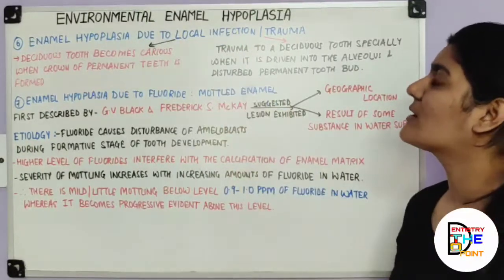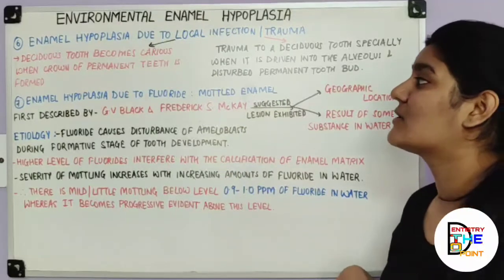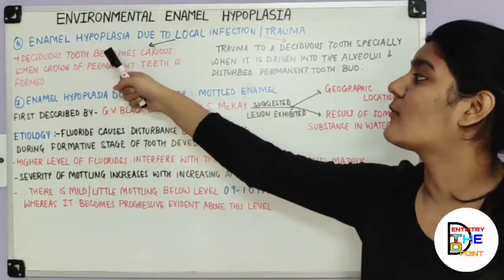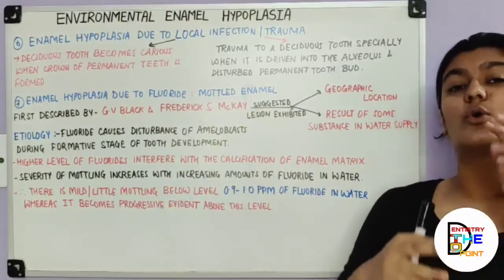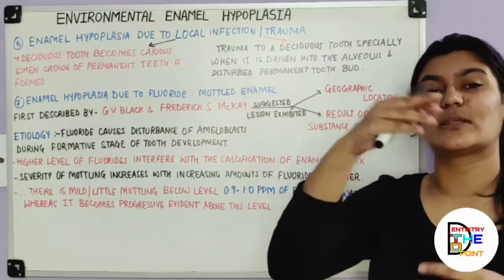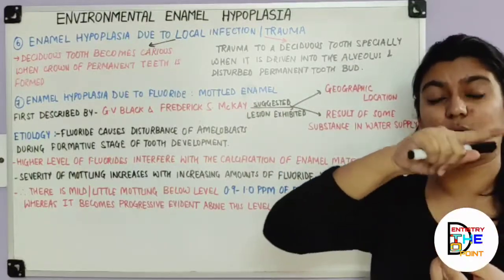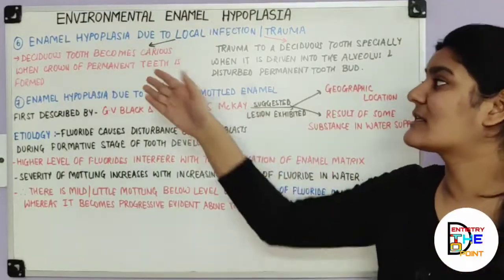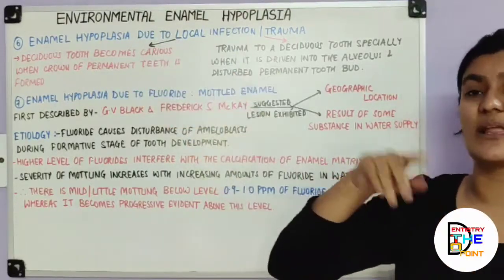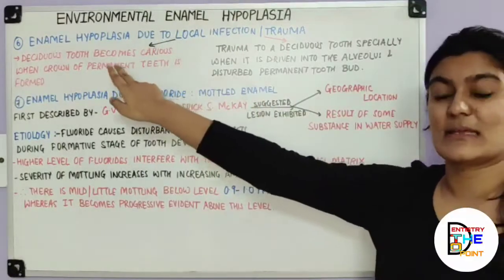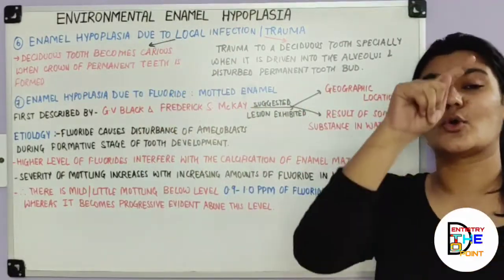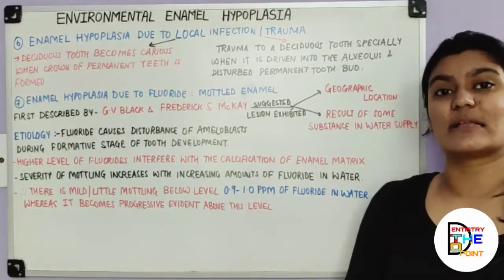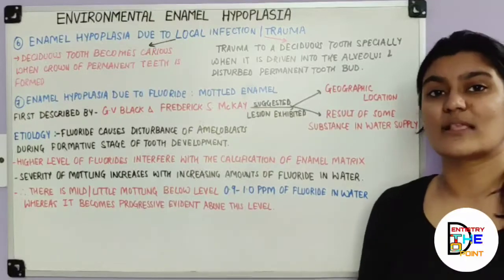Talking about local infection, if a deciduous tooth becomes carious during the period in which the permanent teeth are growing, the periapical infection of the deciduous tooth is going to affect the ameloblastic layer of the succeeding permanent tooth bud and cause its hypoplasia.